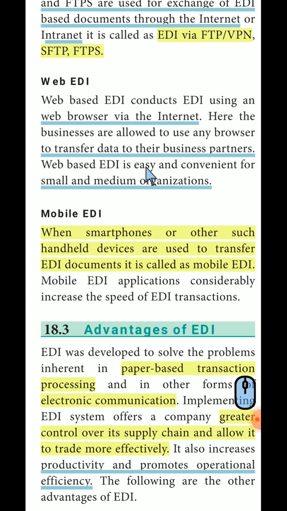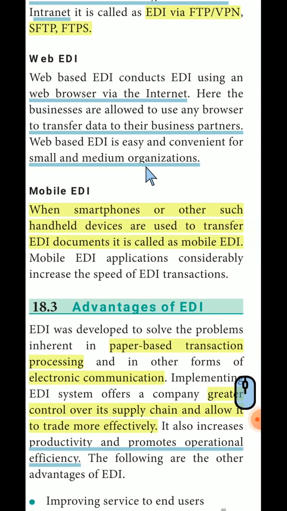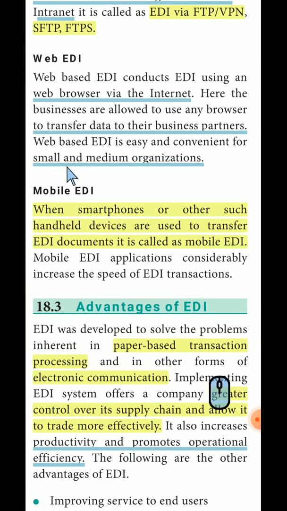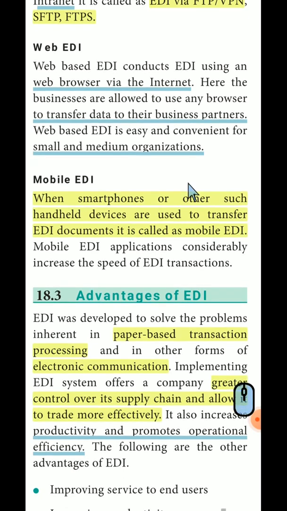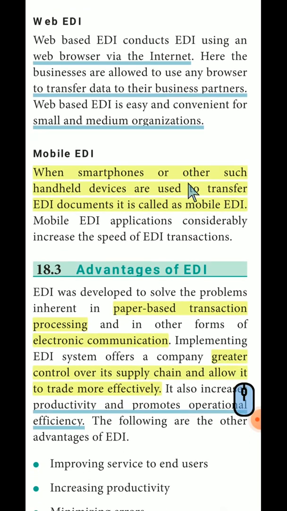According to the type, we can use any type of browser for a business, and we can transfer our data to other business partners. Web-based EDI is easy and convenient for small and medium organizations. It is mainly followed by small and medium organizations, as it is easy and convenient to transfer documents from one organization to another.